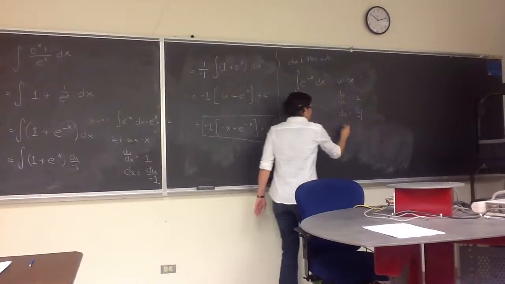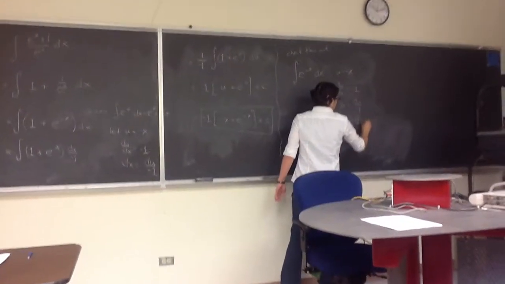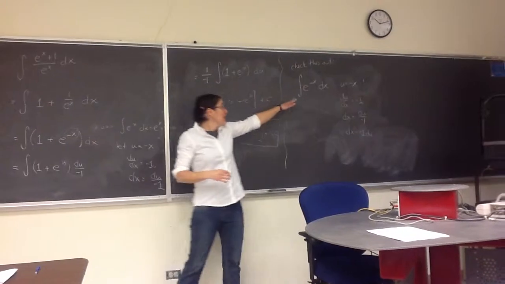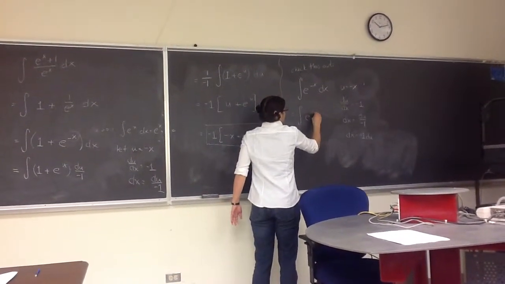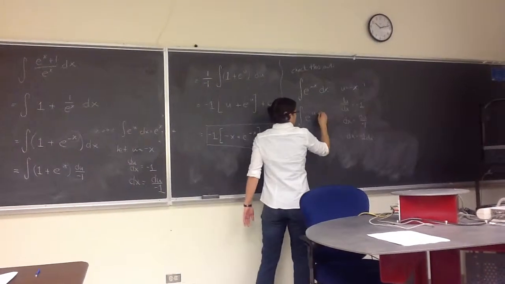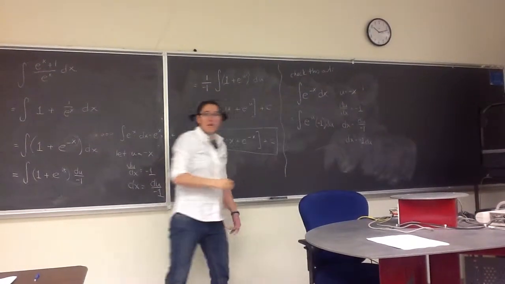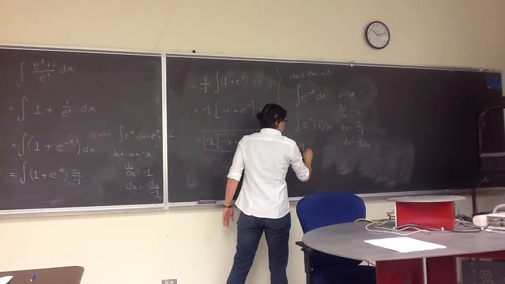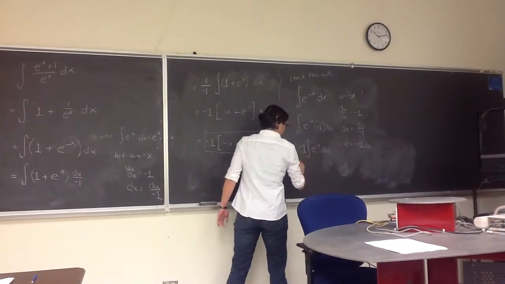And that can be written as dx is equal to -1 times du. So now when I go back into my integral, I have the integral of e to the u. My dx is -1 times du. I can pull that -1 to the front. And so I have -1 times the integral of e to the u du.